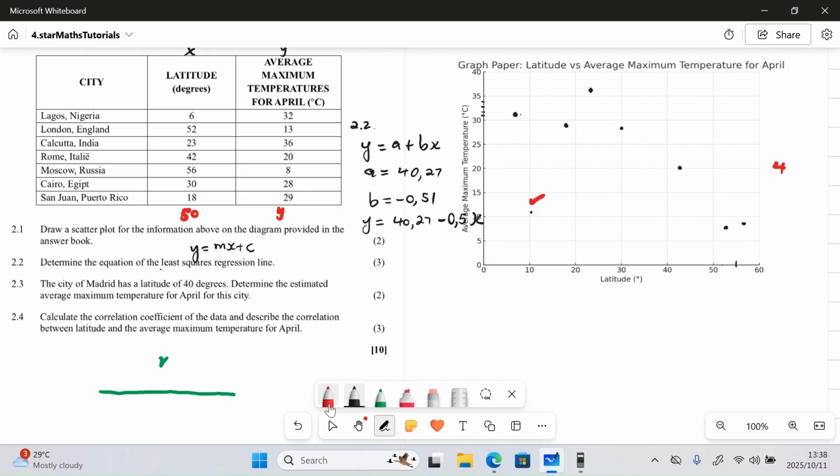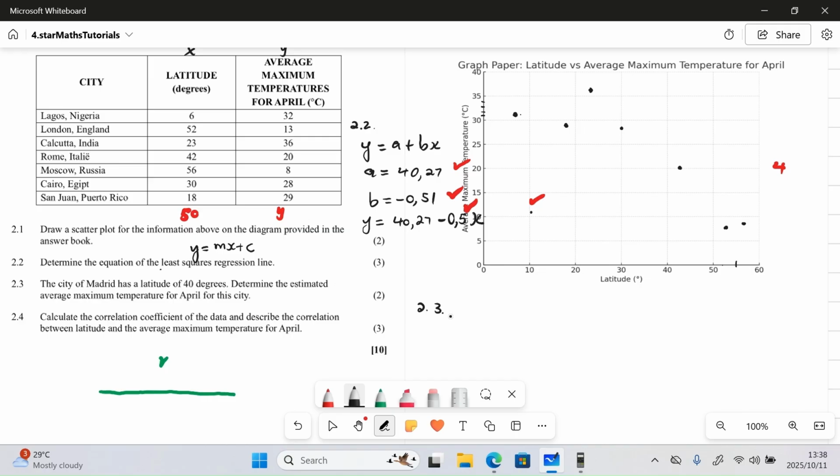Then this is the equation. It's only given 3 marks: 1 mark for the value of A, 1 mark for the value of B, 1 mark for the equation of the least square regression line. So we do this using our calculator. Then another 3 marks, 2.3.